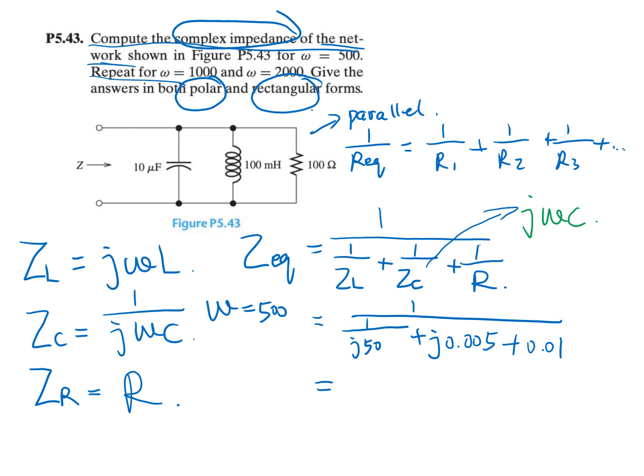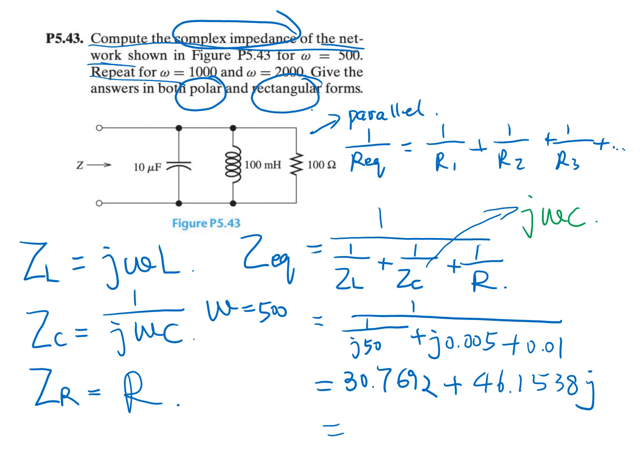And you enter this into the calculator and simplify the expression. What you can get is 30.7692 plus 46.1538j.